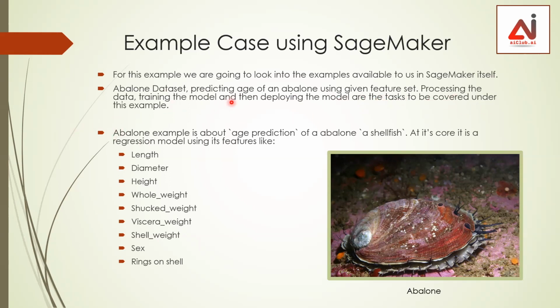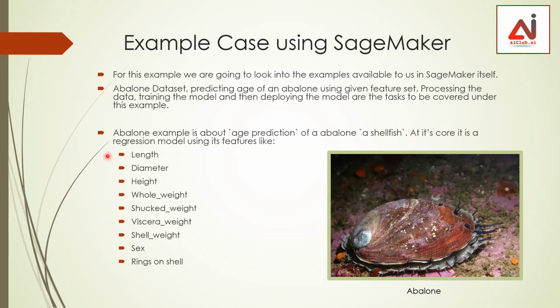Processing the data, training the model, and then deploying it are the tasks that we are going to cover in this example. Abalone example is about age prediction, as we know, where abalone is a shellfish. It's a sea creature, more like, in Hindi we say CP.